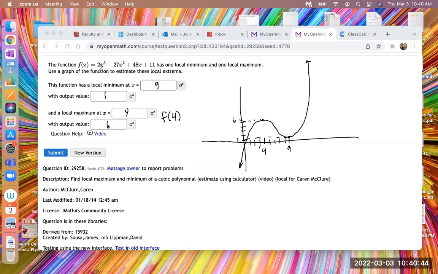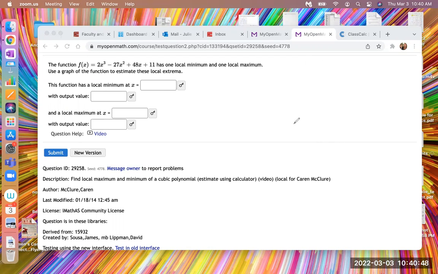In this problem, we have to look at this more complicated function. We're going to learn some techniques on how to graph without a graphing calculator, but this says use the graph.